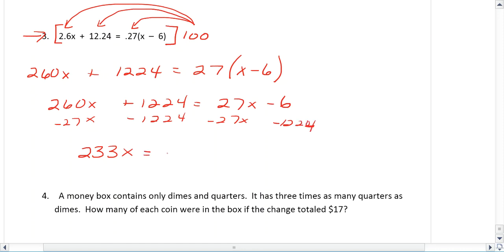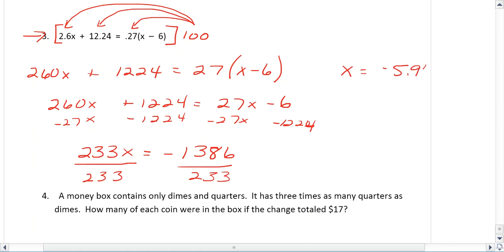And if I did that correctly, I got a minus 1,386. And then we just divide both sides by this 233. And of course, I would pick up my calculator. And I got x is equal to negative 5.94849. It's a long decimal. So let's just round that off, that x is approximately equal to negative 5.95.